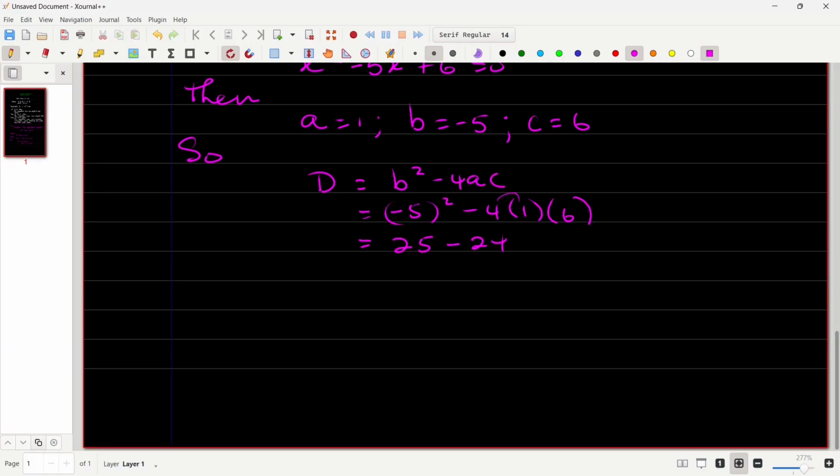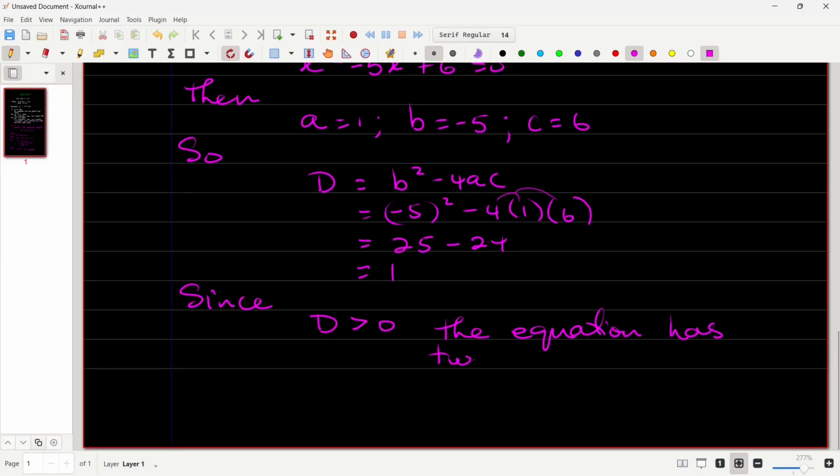So this is 25 minus 24, and we get 1. Since d is greater than 0, the equation has two distinct real roots.